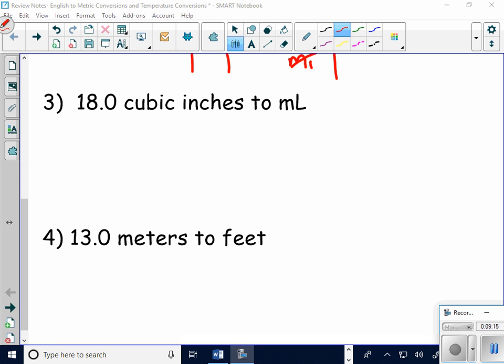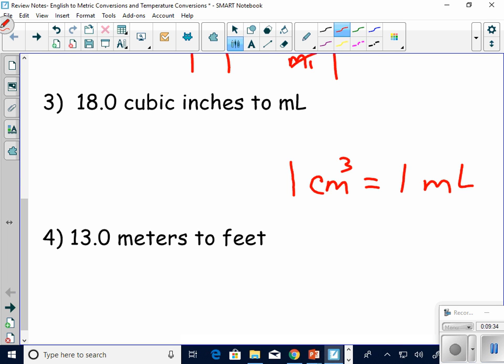Okay? Let me tell you something that you're going to need throughout the year here. 1 cubic centimeter is equal to 1 milliliter.